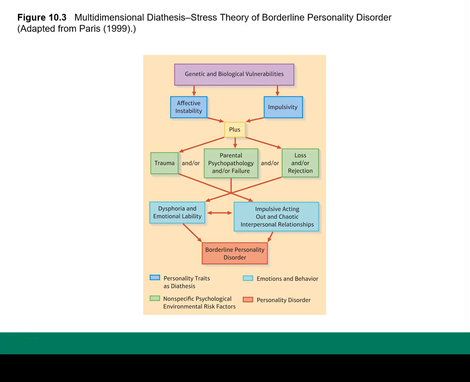Just as I mentioned that, here's a graph that talks about the diathesis stress theory. What that means is that whenever you're dealing with diathesis stress theory, there's probably a predisposition to the personality disorder, but then there was a trigger, something that happened in the environment, something that happened emotionally through their family, whatever it might be, that was a trigger for the disorder to be manifested.